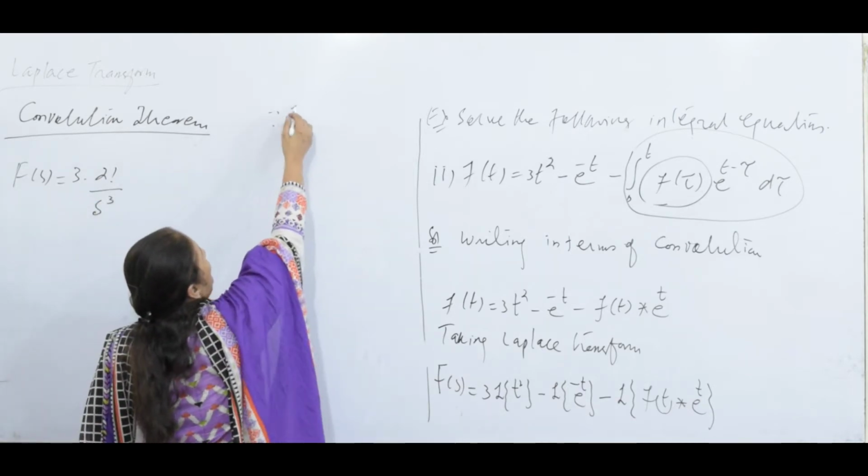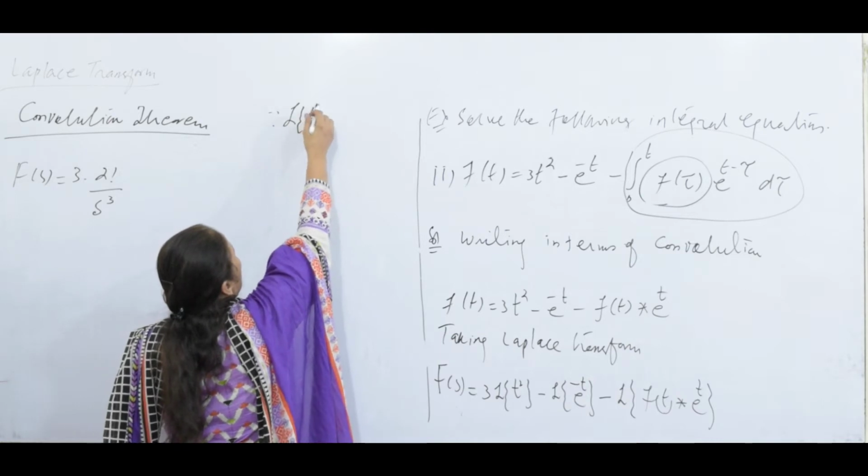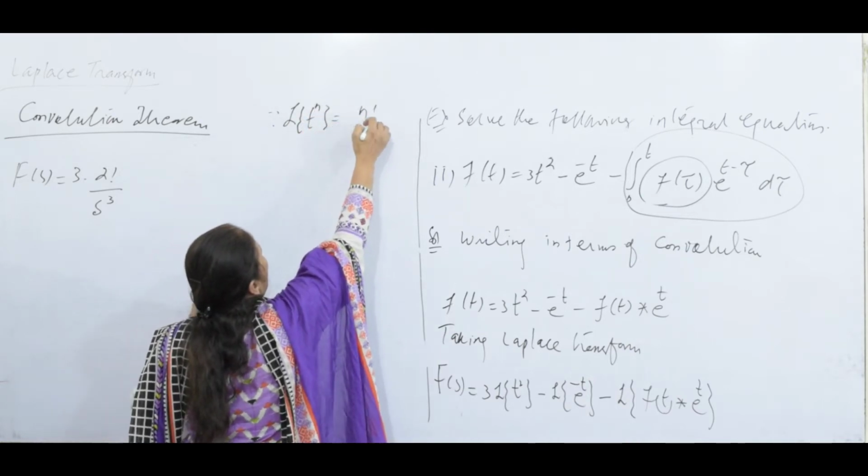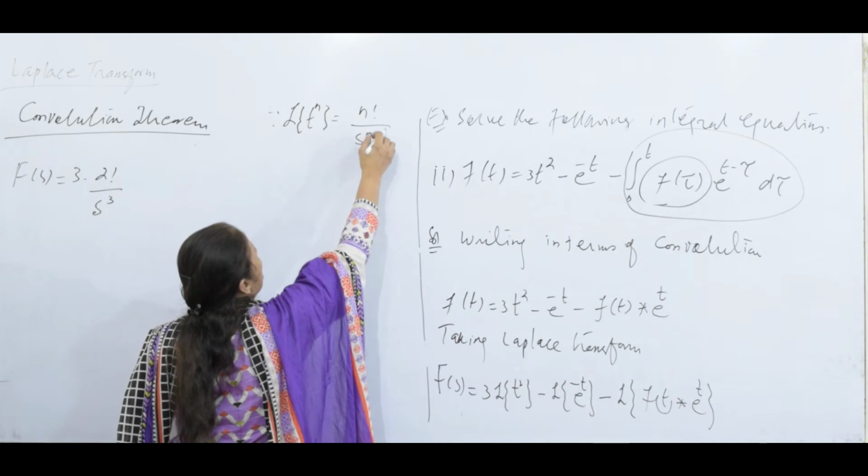We know that the Laplace transform of t^n is n factorial over s^(n+1).